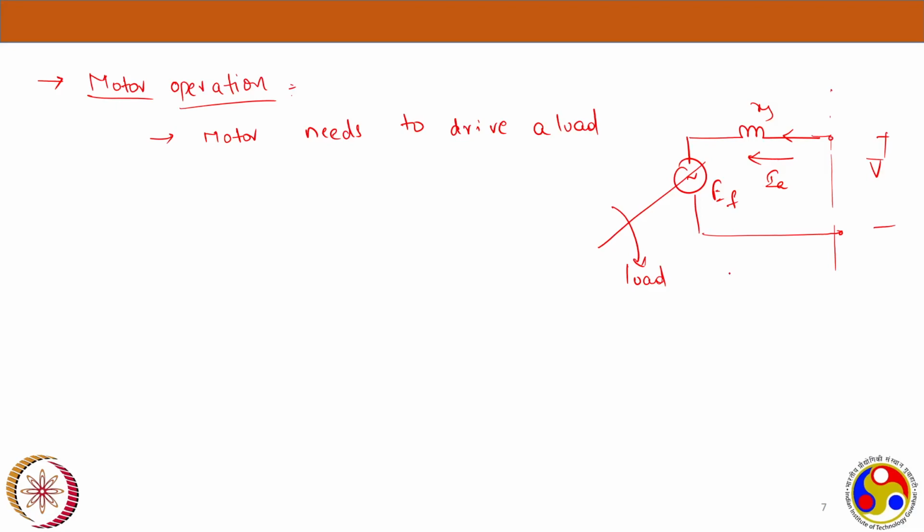So again, V is the reference. My EMF equation, after eliminating the IA XS drop, I will get EF.